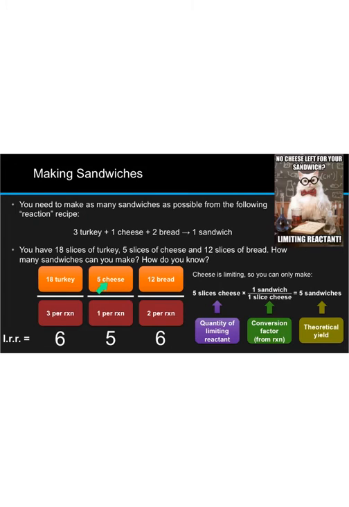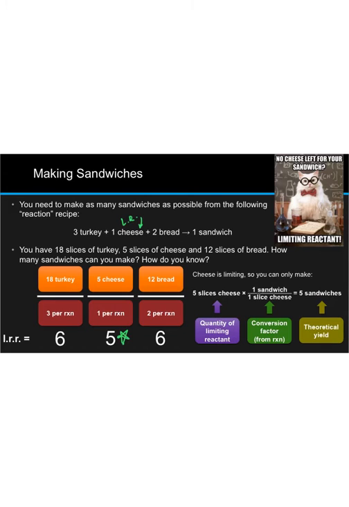And if you divide the number of cheese slices that you have by the number required for each reaction, you get a limiting reactant ratio of 5. We expect cheese to run out first, intuitively and through a mathematical manipulation that could be applied to a chemical reaction. Cheese runs out first. It's the limiting reactant in this sandwich making reaction.